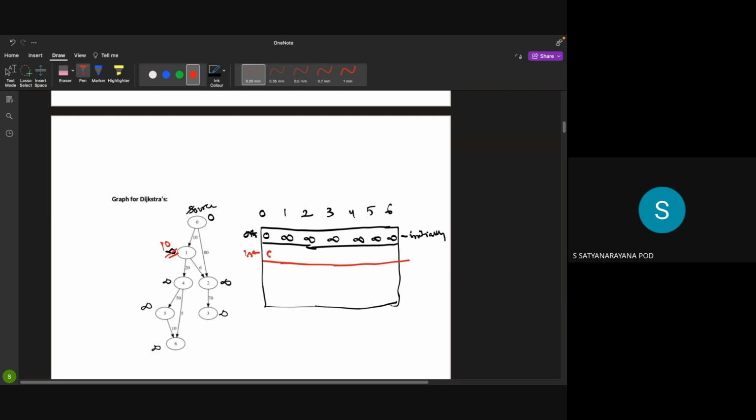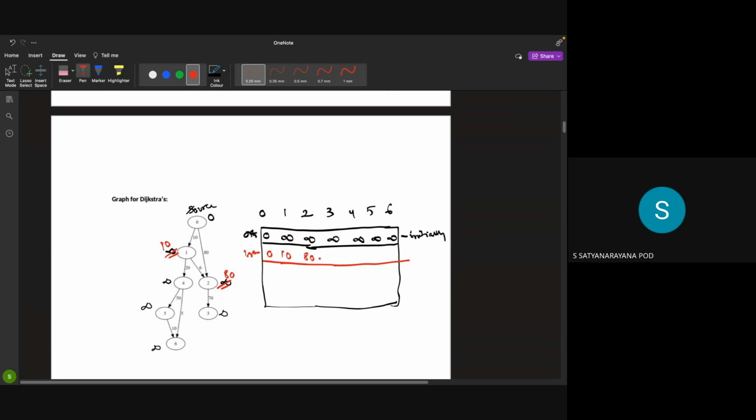Next, 0 to 2: infinity is already there, and 0 plus 80 is 80. Is it less than infinity? Yes, so it is updated with 80.